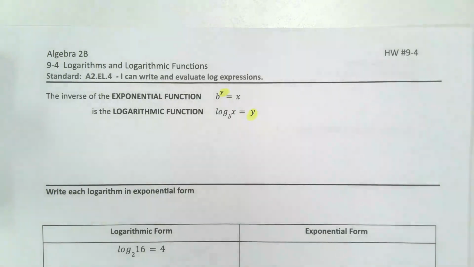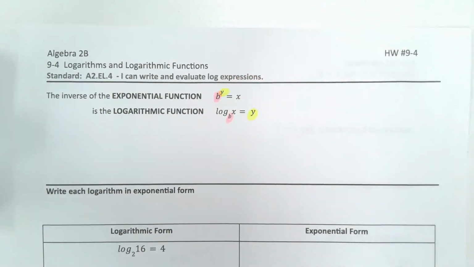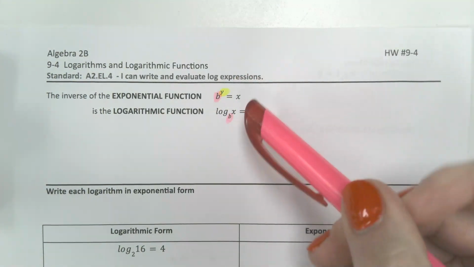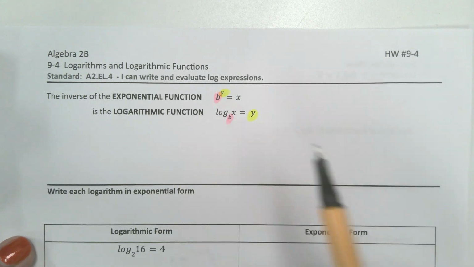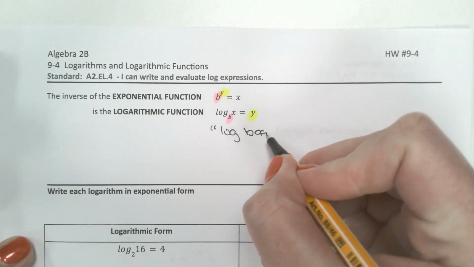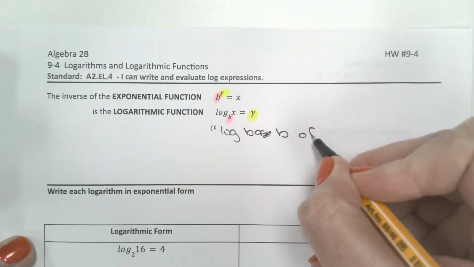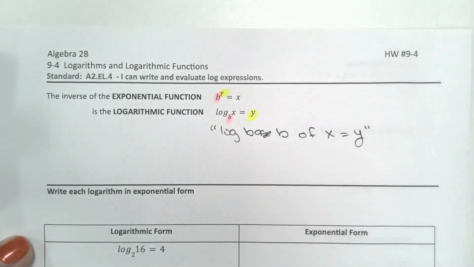And so then we have the base comes down here and becomes that, and then the x just goes to the other side of the equal sign. So right here, you say this as log base b of x equals y. That's how this is read.